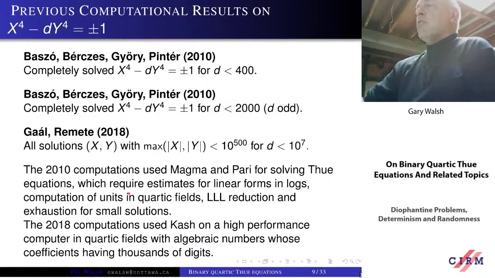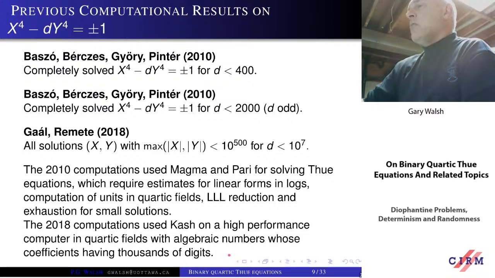The bounds from linear forms in logs can be very large. Computing units in quartic fields becomes very labor intensive, and so on. And you know, the LLL reduction process might not give you a small enough bound, so your exhaustion may be over a very large space. So this was probably quite a bit of work to do.